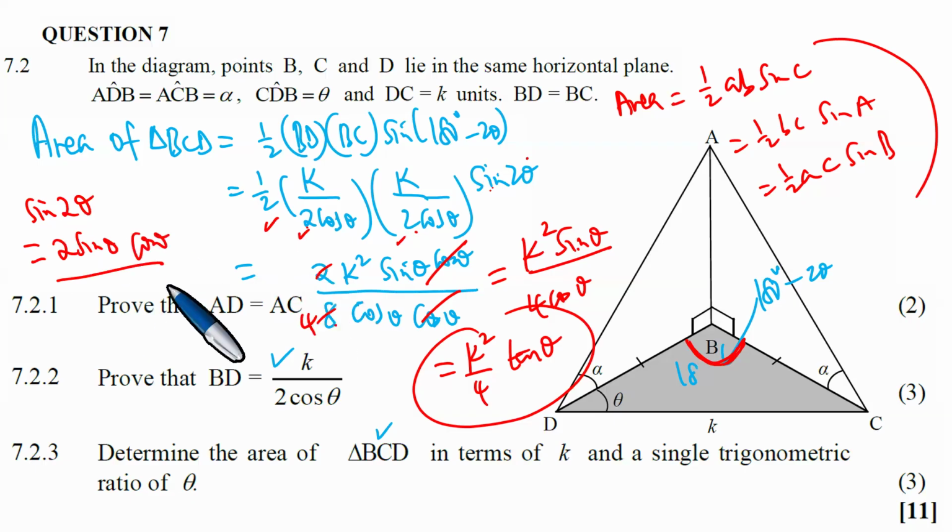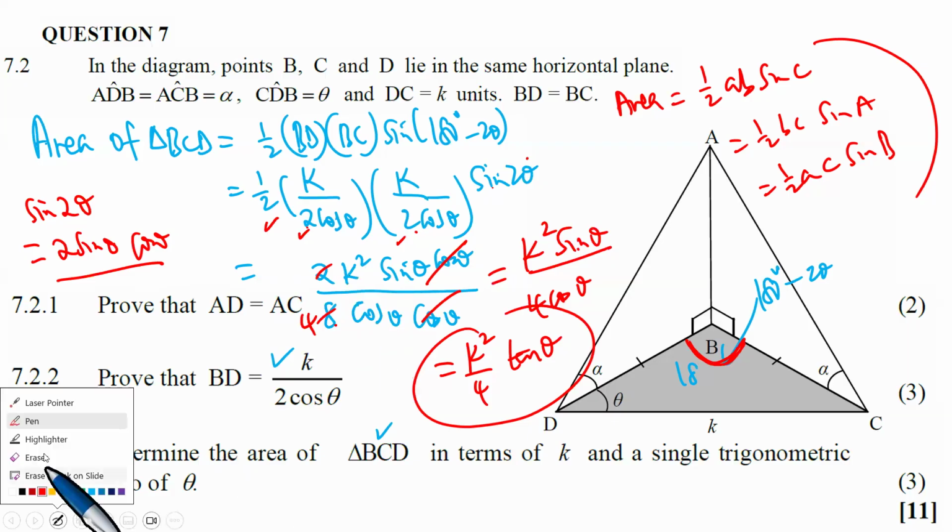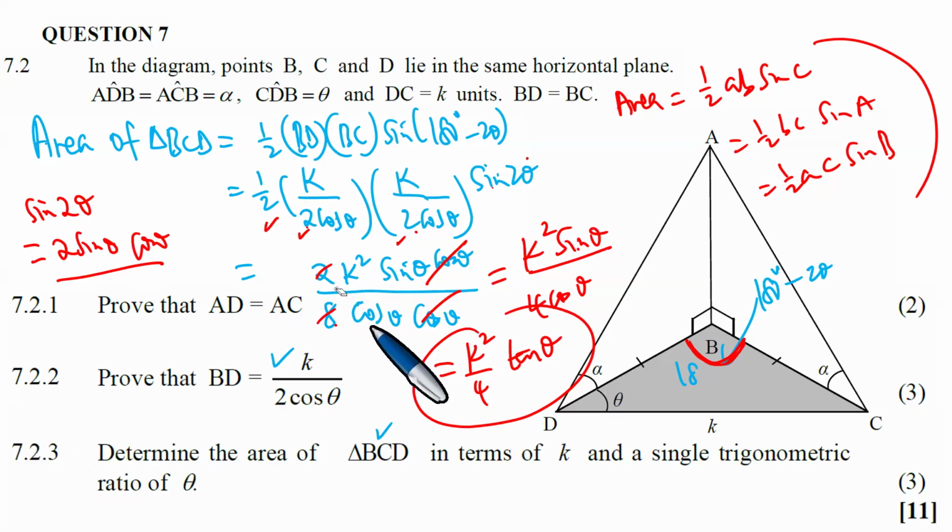That's where the 2 is coming from. But obviously now we just simplified here because now you have the 2 and the 8. So 2 out of 8 is 1/4.